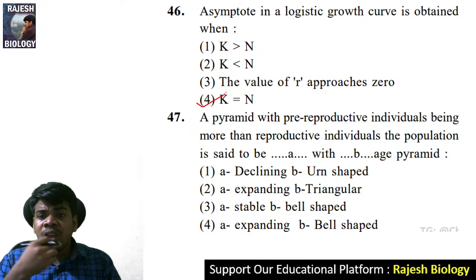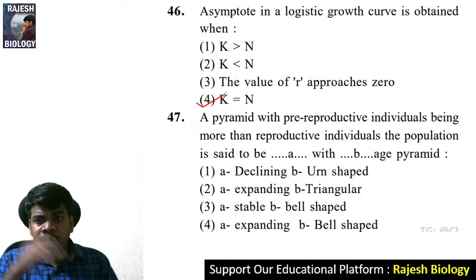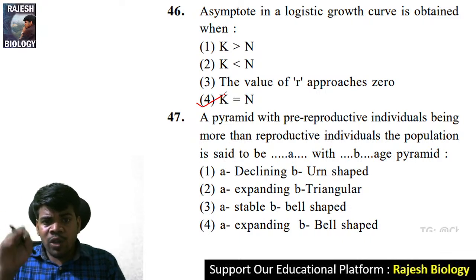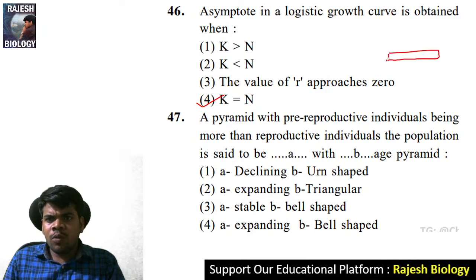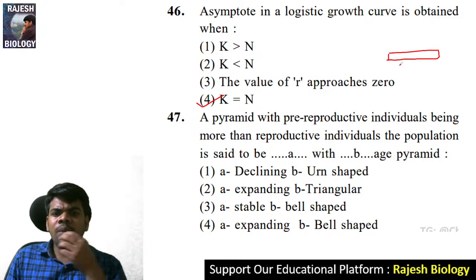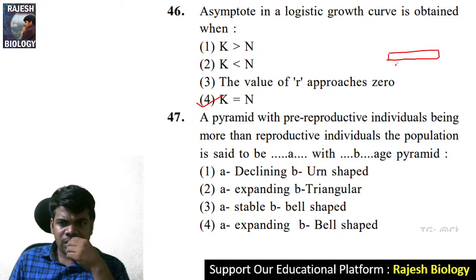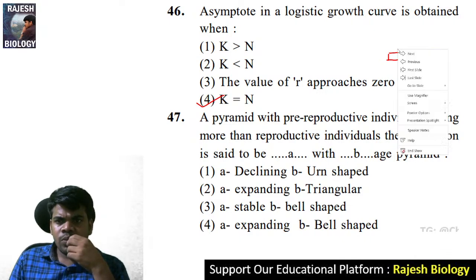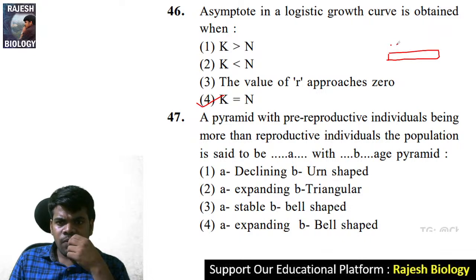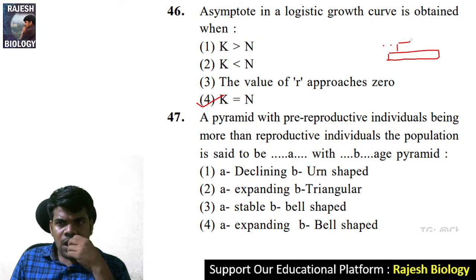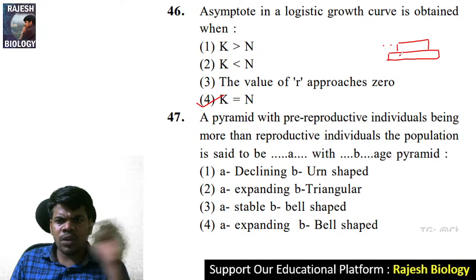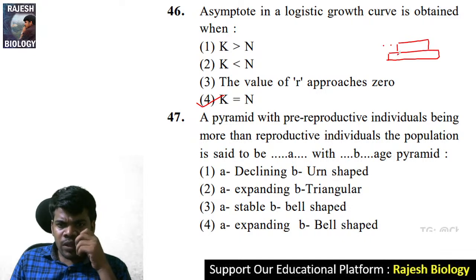A pyramid with pre-reproductive individuals being more than reproductive individuals, the population is said to be. Pre-reproductive is more, okay, when compared with the post-reproductive individuals in a population.